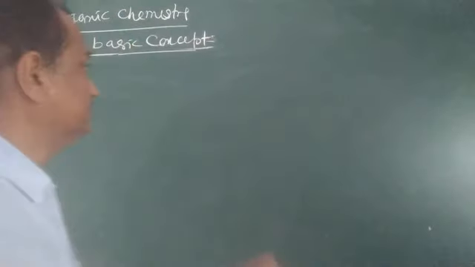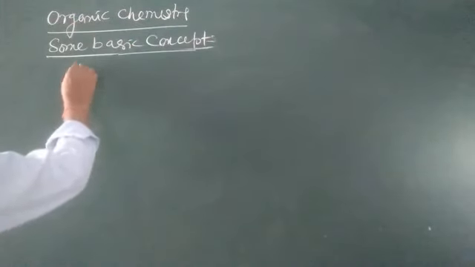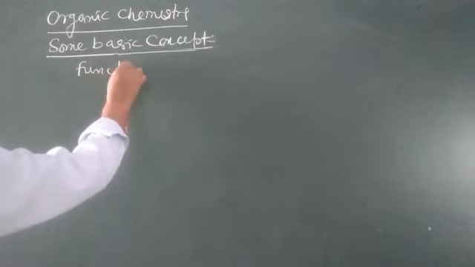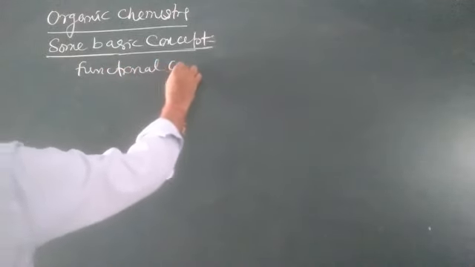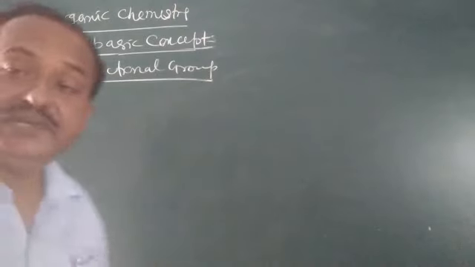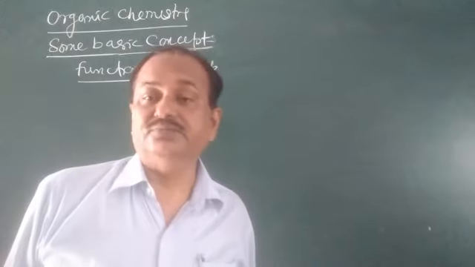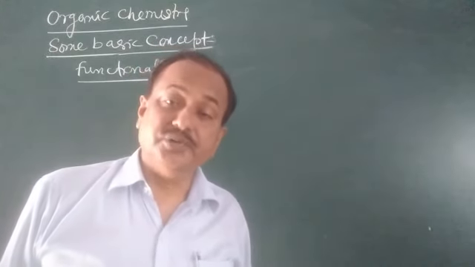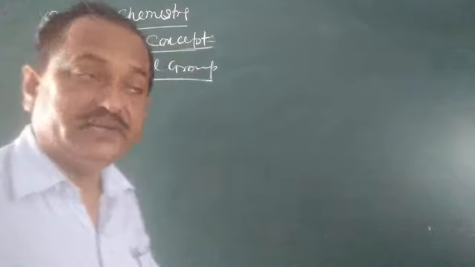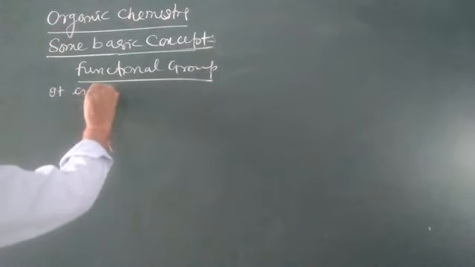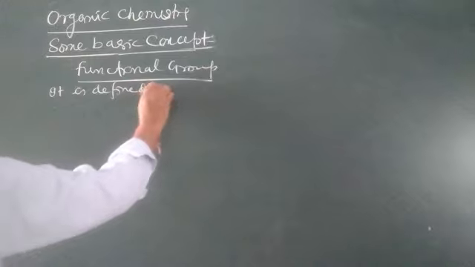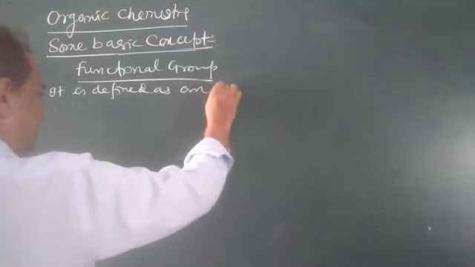Now next is functional group. So you have seen in class 10th, functional group may be defined as an atom or group of atoms which are responsible for the properties of an organic compound. So it is defined as an atom.